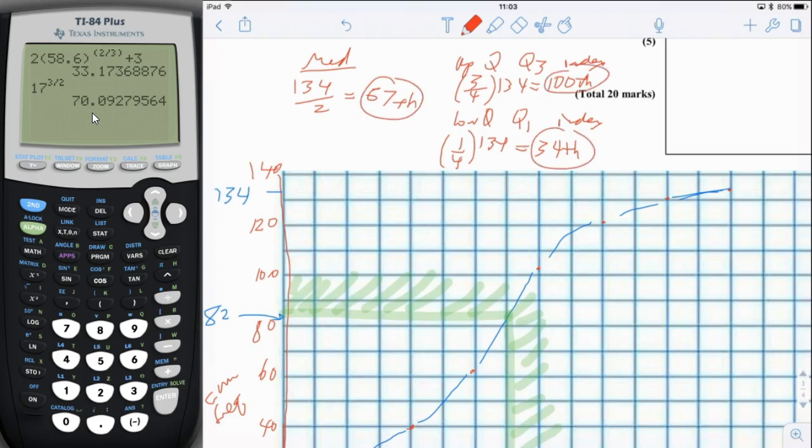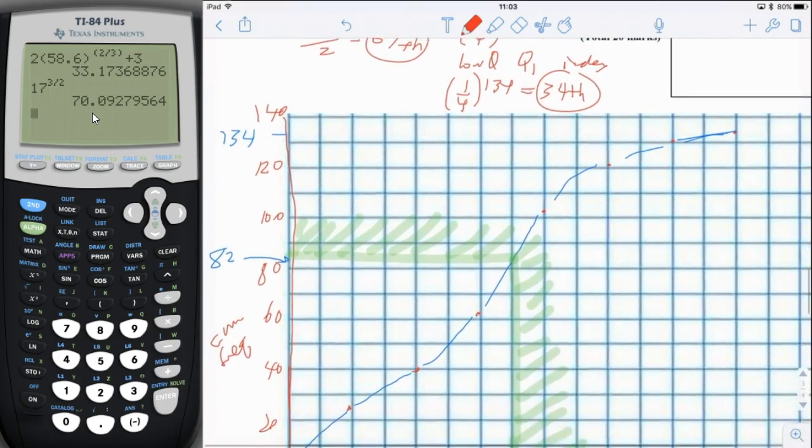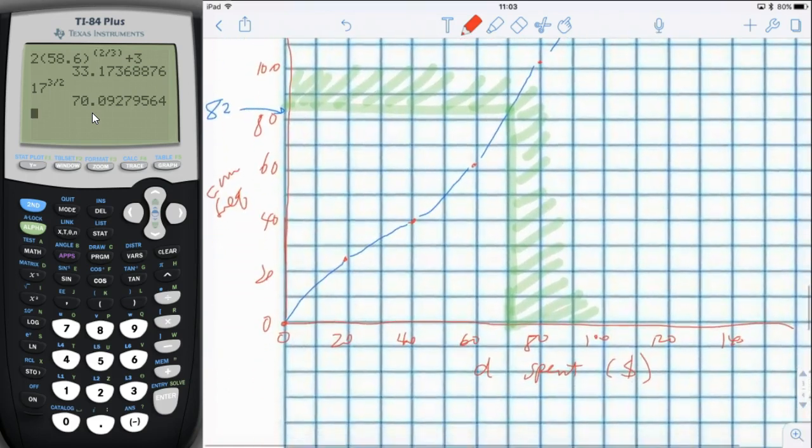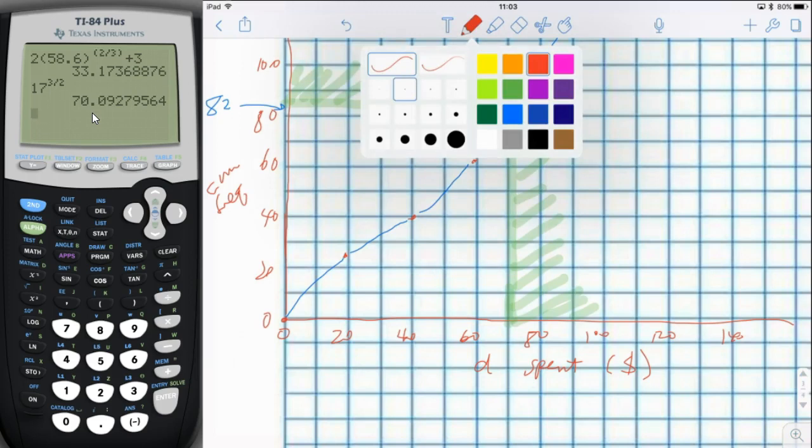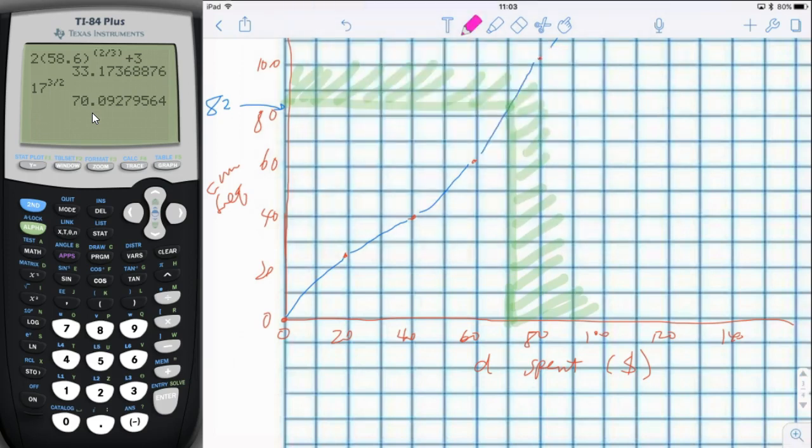Since we're looking at people, then we're looking at this index here. Okay. So the 34th person would be here. And when it hits the blue line, you go down, and then we get a value of about 32. So the 34th person corresponds to $32.